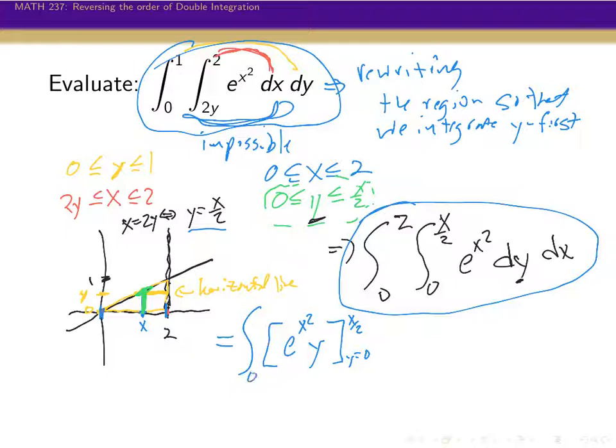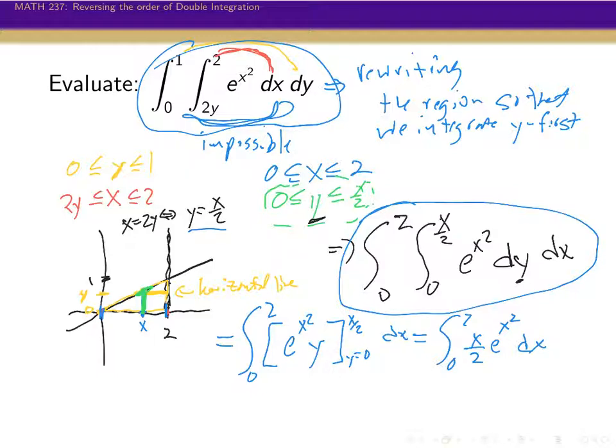And then this is tucked inside the second integral. Now plugging in the bounds for y here, I'm going to get x over 2 e to the x squared dx. And then if I plug in y equals 0, that just zeroes everything out.